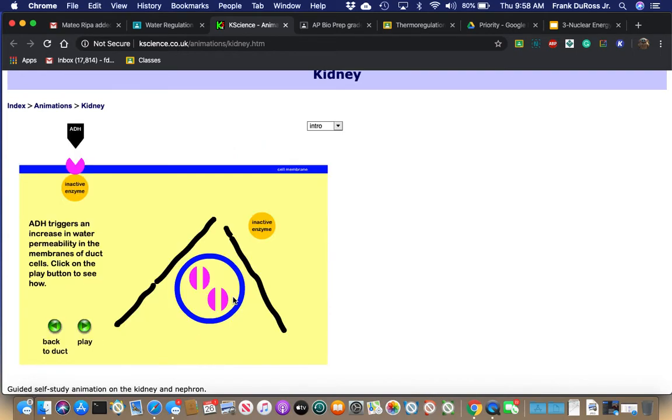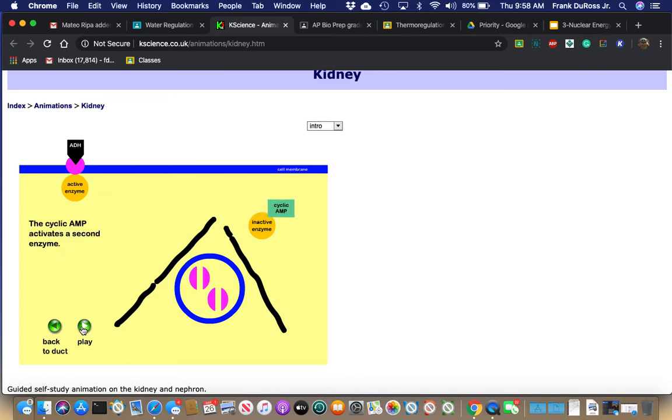And here you see the last thing. This is showing the effects of ADH, antidiuretic hormone, and how this hormone binds to receptor molecules to activate enzymes, which then have an influence inside of the cell.